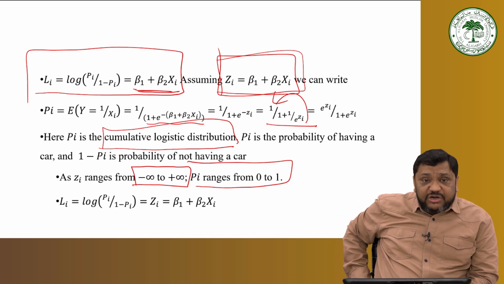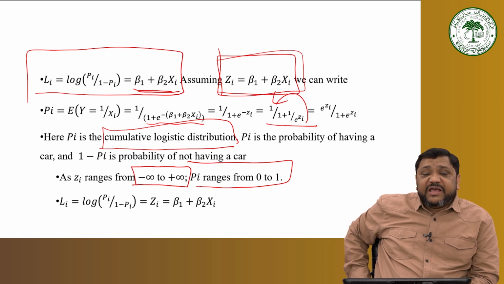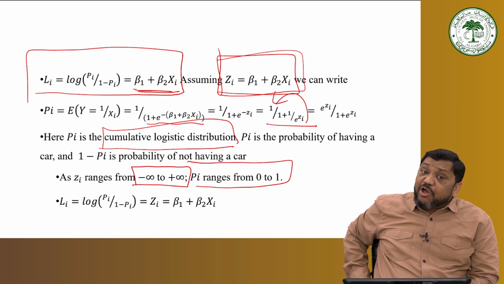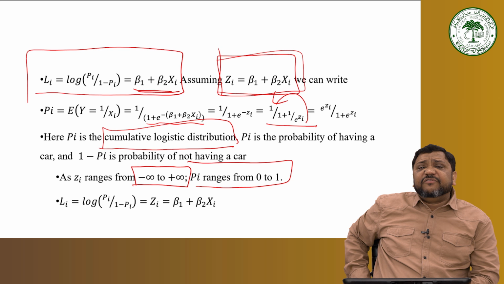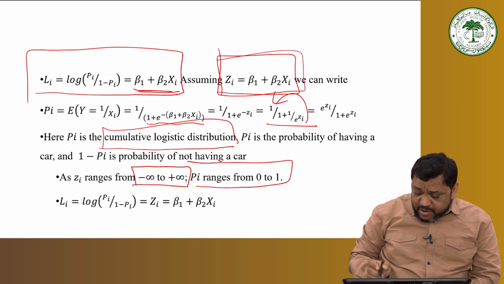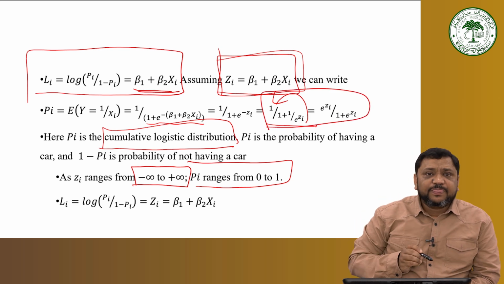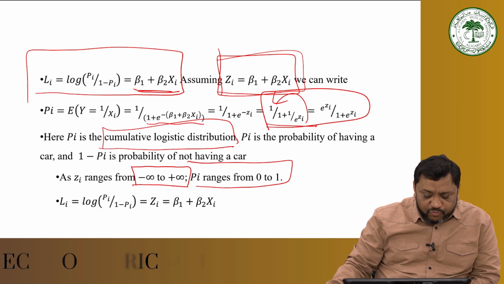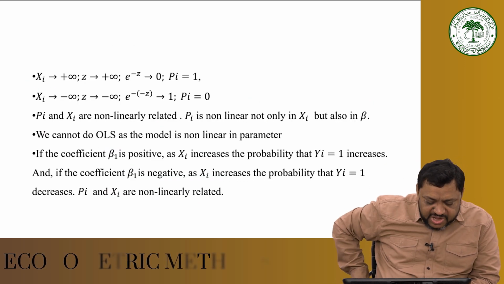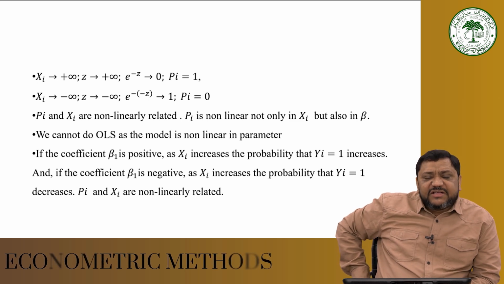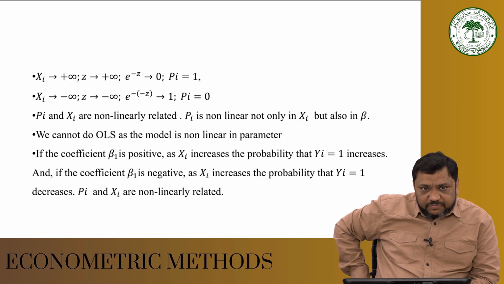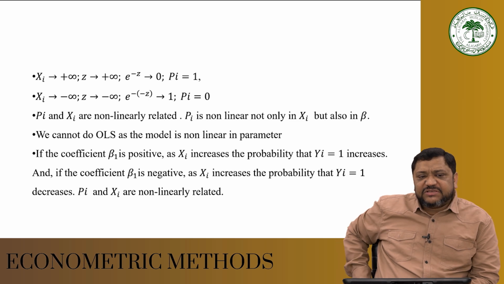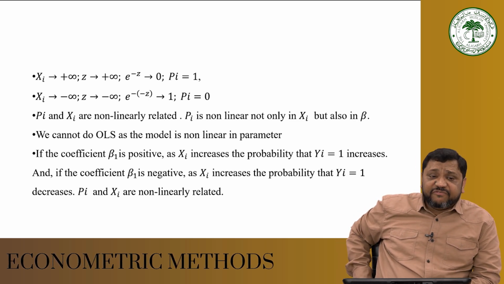So Li is equal to log of Pi upon 1 minus Pi, which is equal to Zi, which is equal to beta 1 plus beta 2 xi. Now your Z can extend from minus infinity to plus infinity. So let's take a case when xi is plus infinity. When the value of xi is plus infinity, z is also equal to positive infinity.